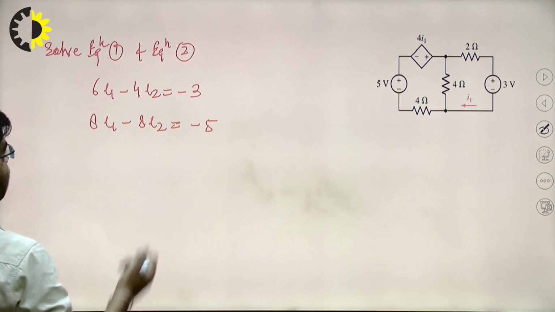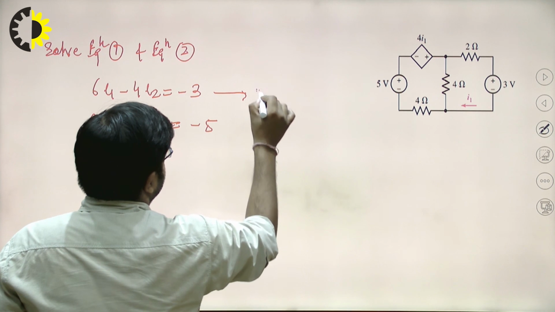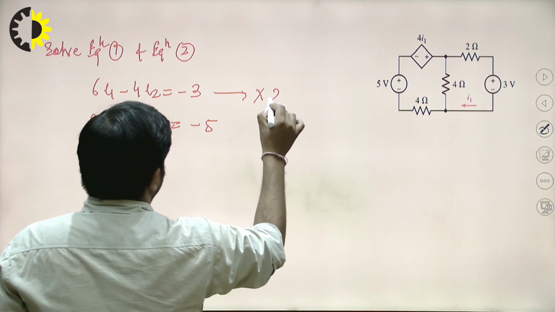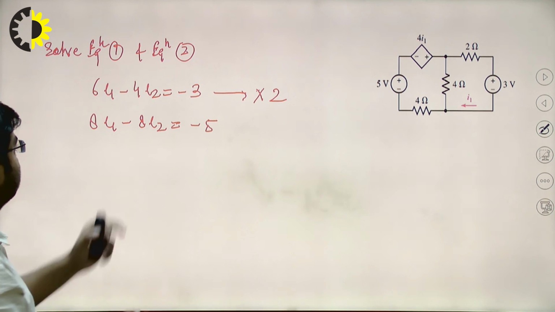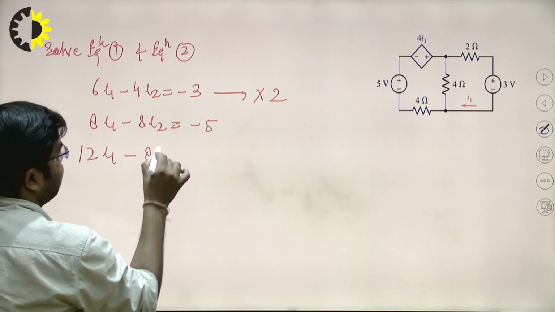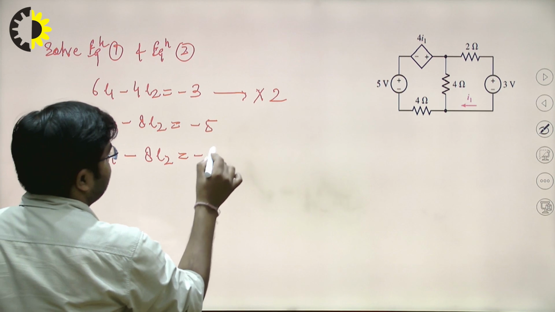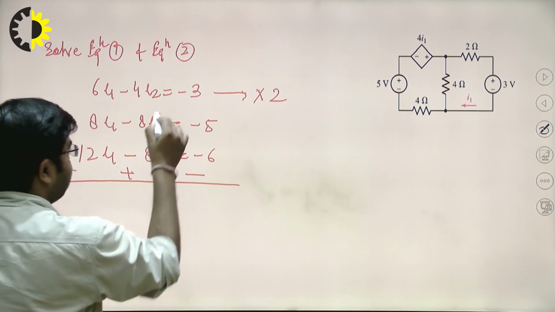Now multiply this equation number with 2. Then subtract this equation from this equation. So it will be 12I1 minus 8I2, that is equal to minus 6. So minus plus minus, so this will get cancelled out.